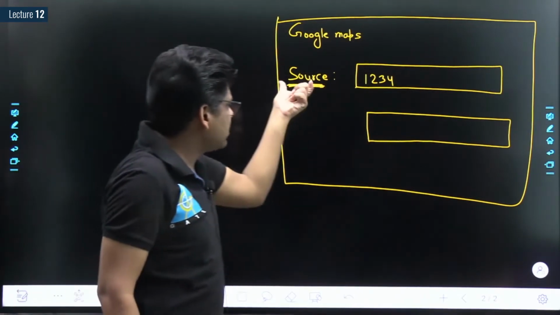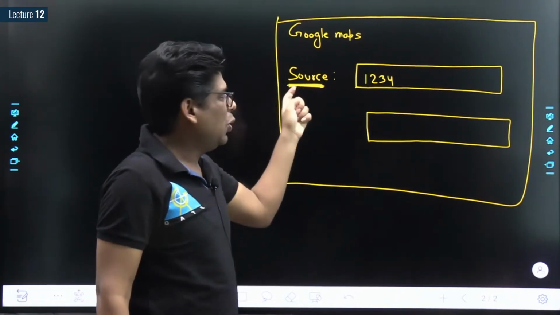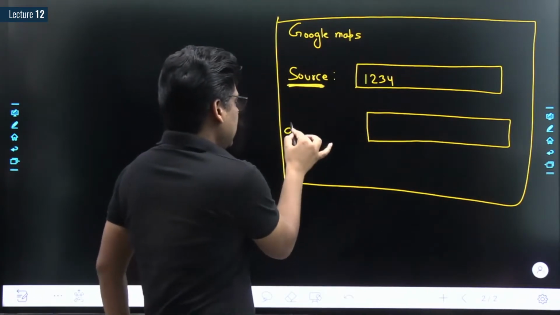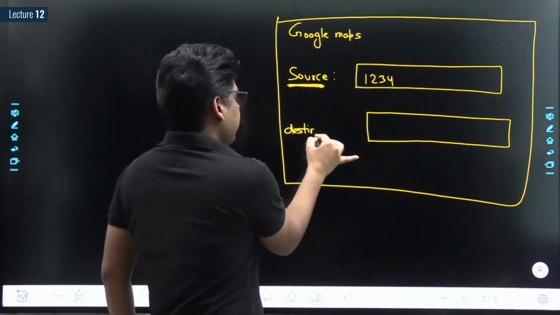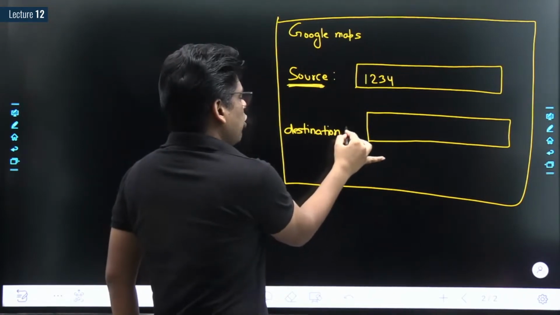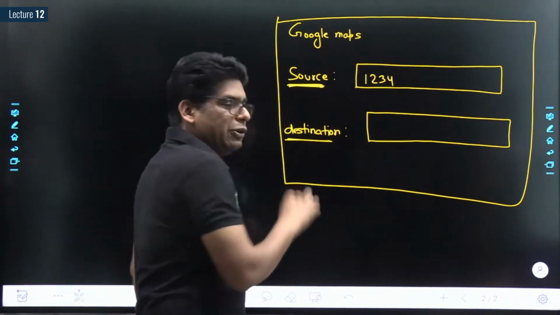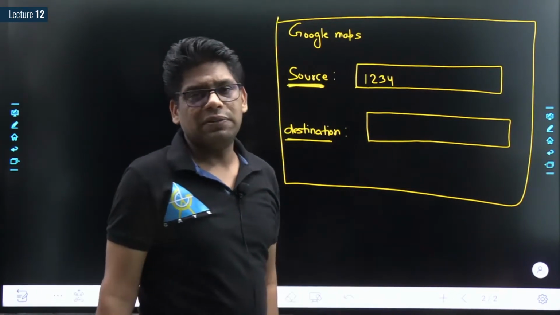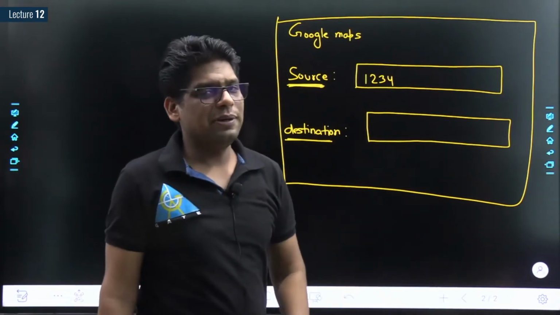By looking at this text, someone gets to know, oh, I need to enter the source. And similarly, from this message, someone gets to know that I need to enter the destination. Please try to understand that.